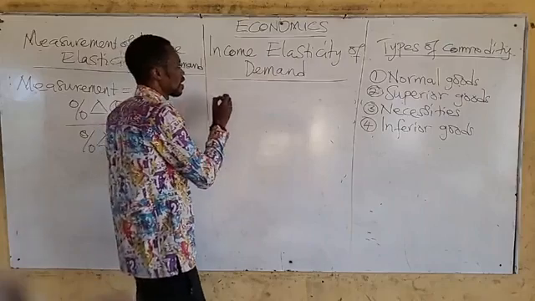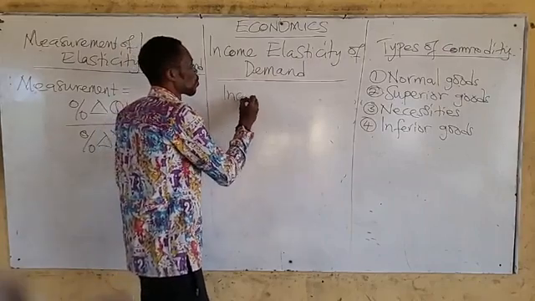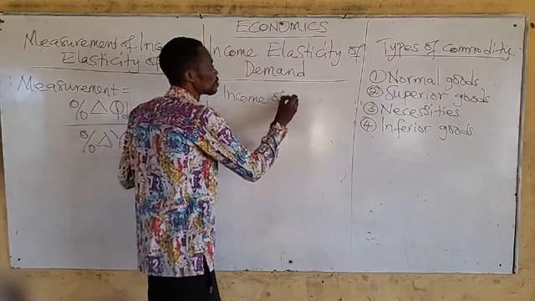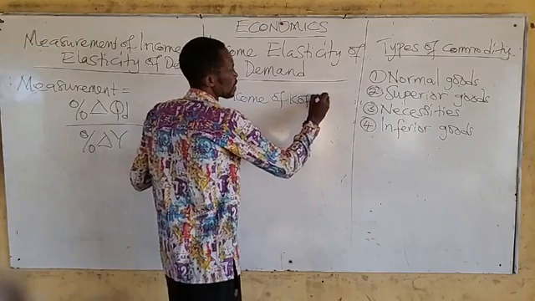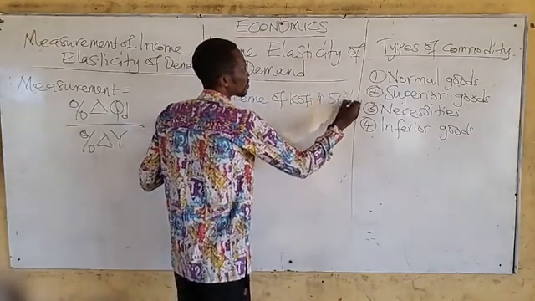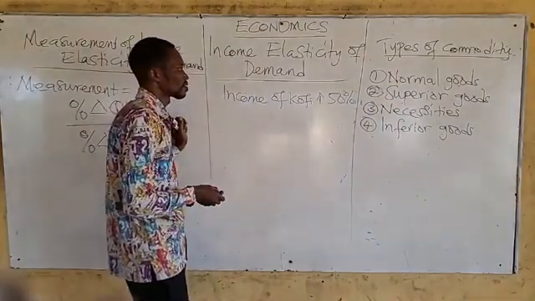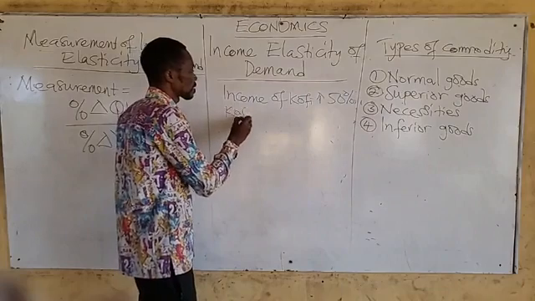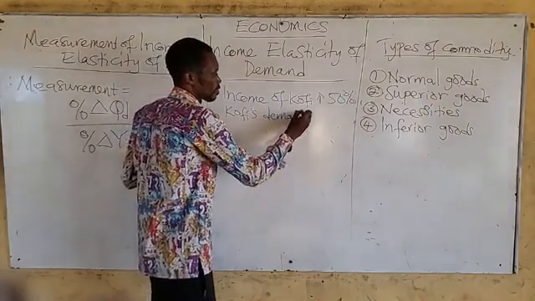So, the income of Kofi increases by 50%. Kofi's income increases by 50%. Kofi's demand, Kofi is a person, alright?